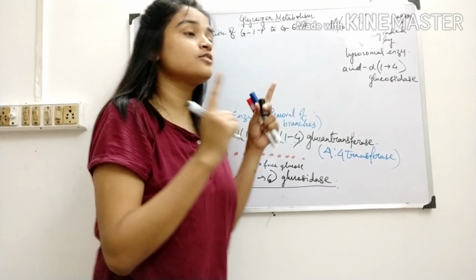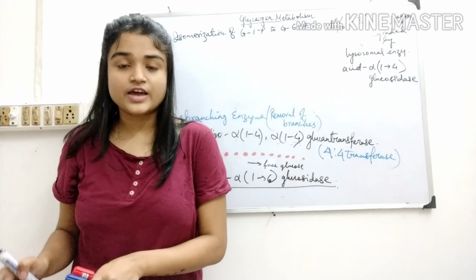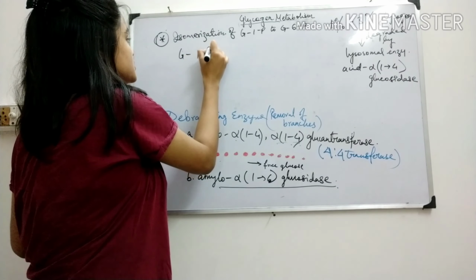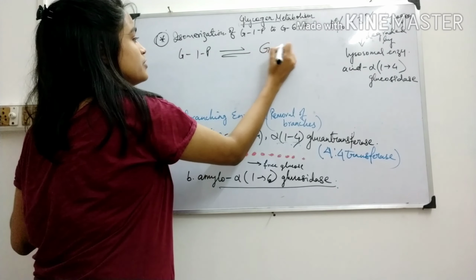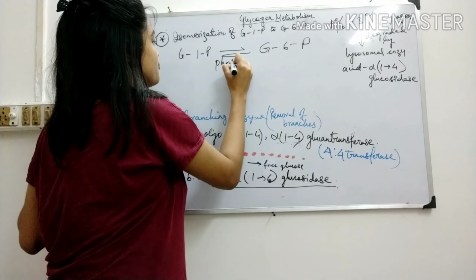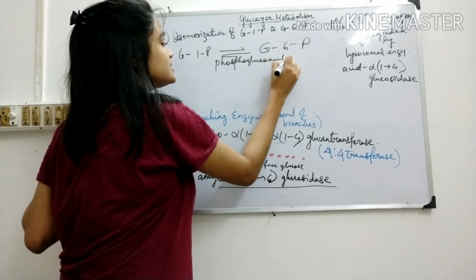As I have said that glucose 6-phosphate is isomerized to glucose 1-phosphate, in the same way this glucose 1-phosphate is converted to glucose 6-phosphate by phosphoglucomutase enzyme.